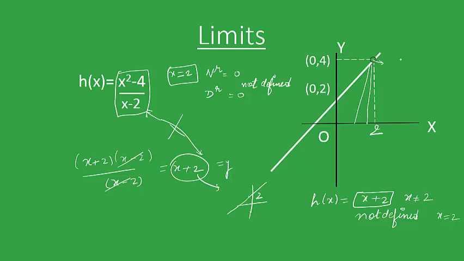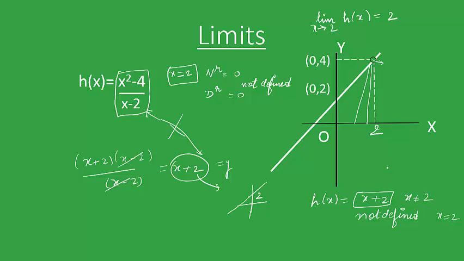So basically we'll have the limit as x tends to 2 of h(x) equals 4. That is, we say that as x tends to 2 but is not equal to 2 from either side, let's say from this side, the x increasing side, we have the function given by x plus 2.